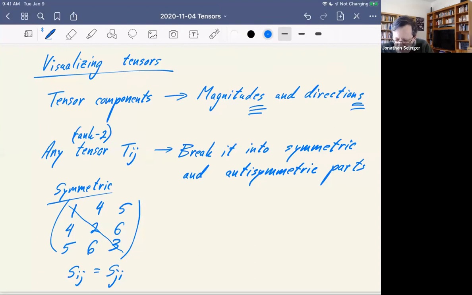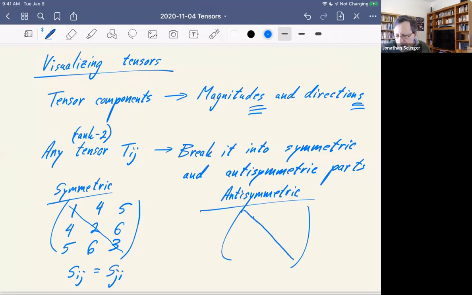By comparison, an anti-symmetric matrix or tensor is one where if you flip about this axis, you get the opposite sign. So if you have 4, 5, 6, you need to have -4, -5, -6.